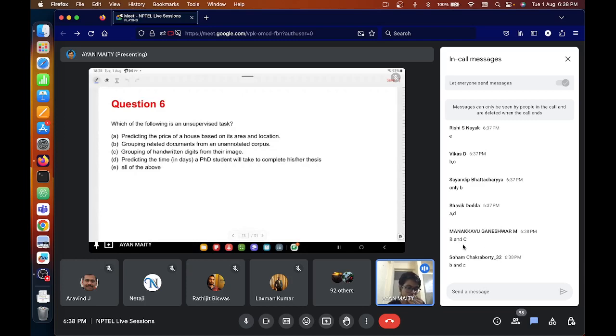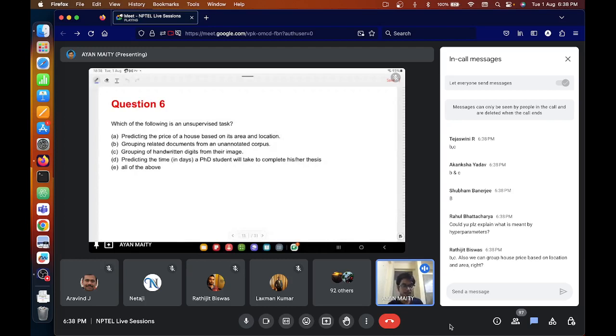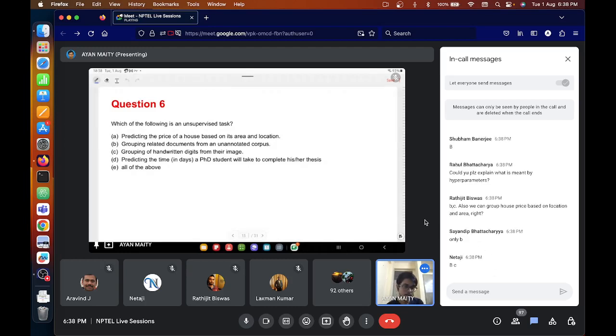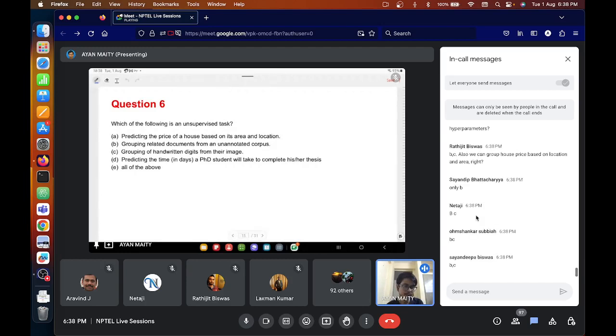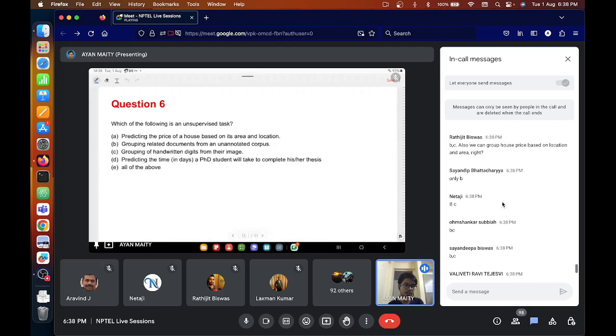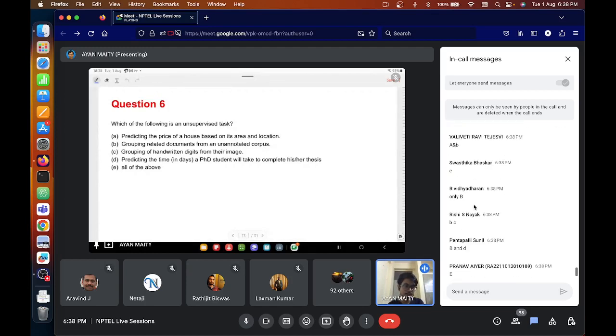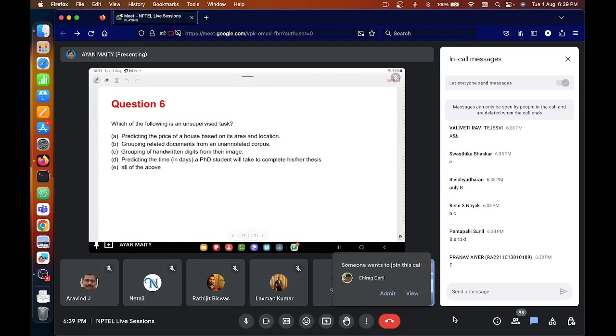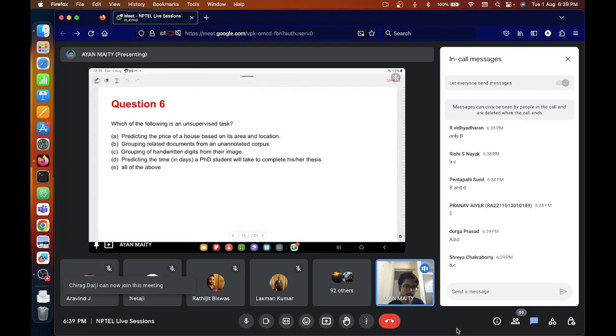Ganeshwar has written B and C, Shoham Chakravarti has written B, C, Raj B, C, Tejaswini has written B, C, Akanksha has written B, C. So most of you are saying B and C in the chat. Shubham Banerjee has written B. Rathajit Biswas has written B and C. Also, we can group house prices based on the location and area. Okay. Shandip Bhattacharya has written B. Sunil has written B and D. Pranav Iyer has written E, all of the above.